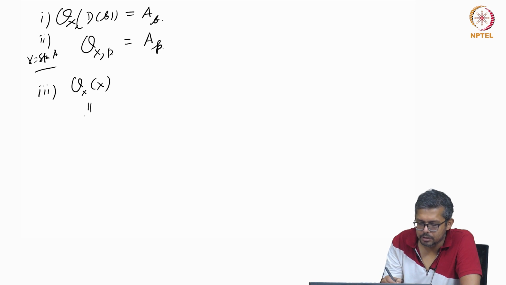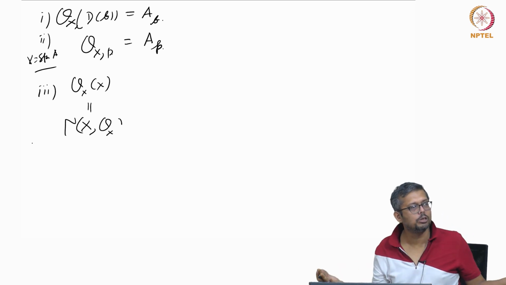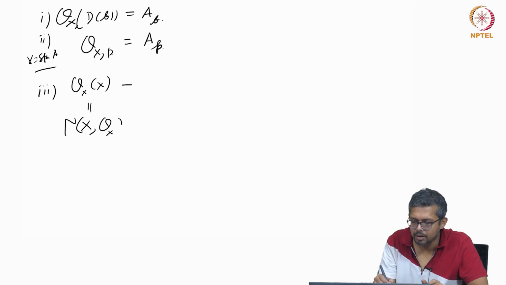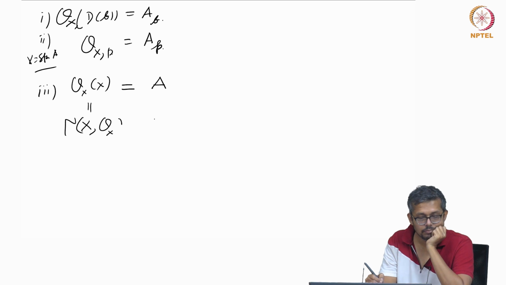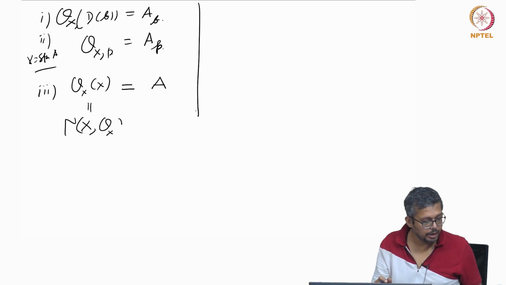Sometimes this is denoted as the global functions, all the functions on the whole space X. So this is nothing but A when X equals Spec A. These are all things you can check.